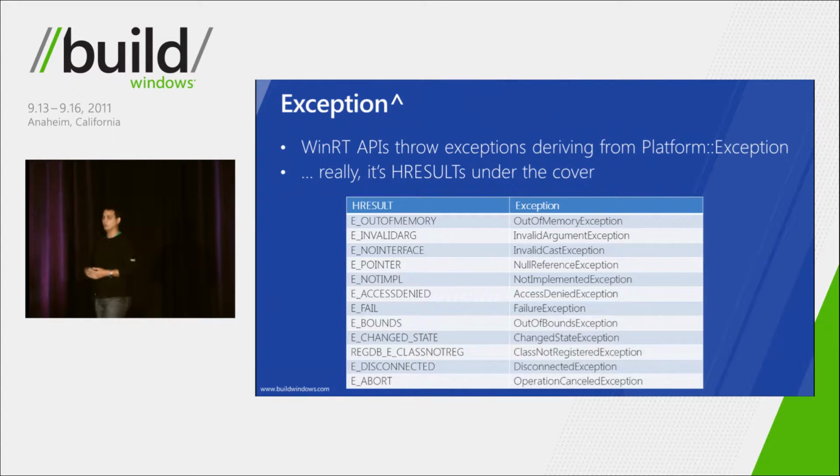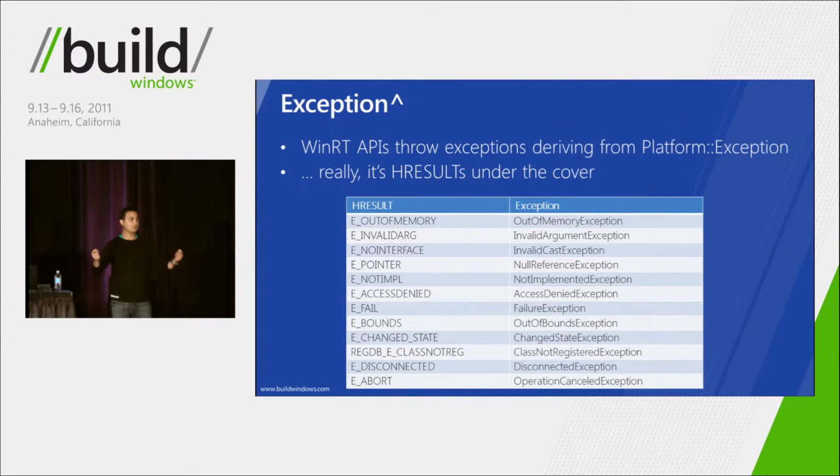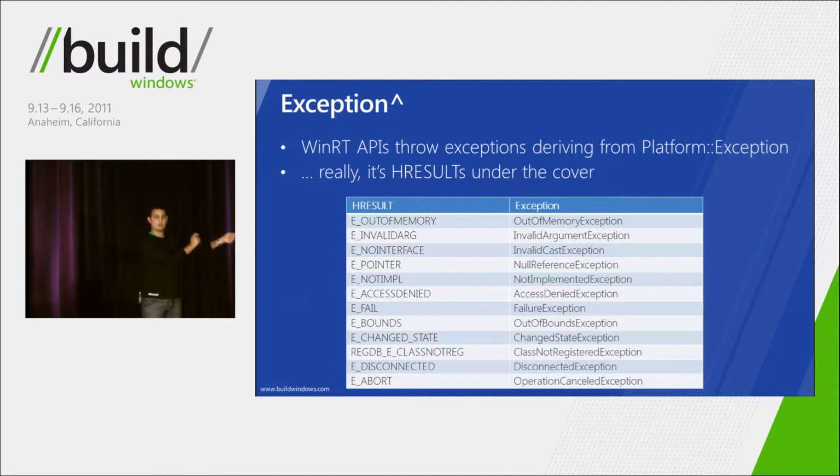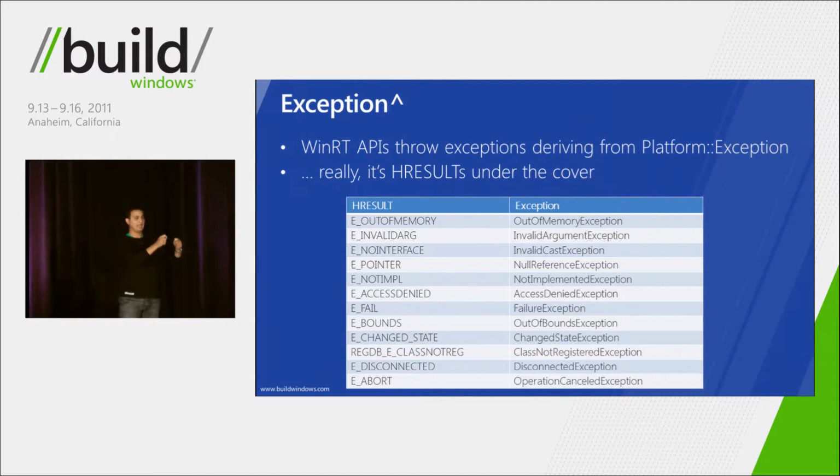What happens under the covers is that whenever you have a WinRT function and you see its signature and it returns a very nice type, the signature of that function as listed in the metadata file in the ABI is actually that an HRESULT is returned and the return type is an outparam.